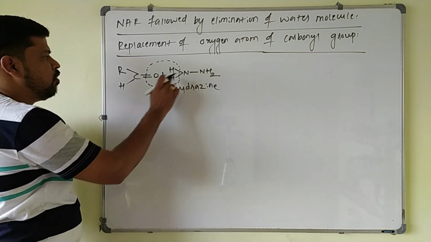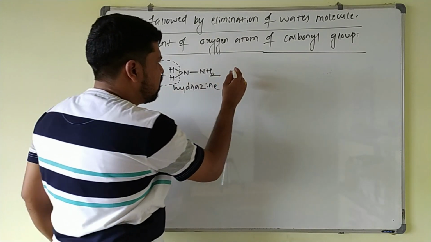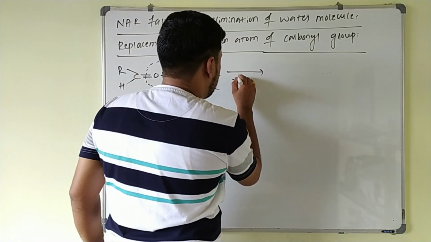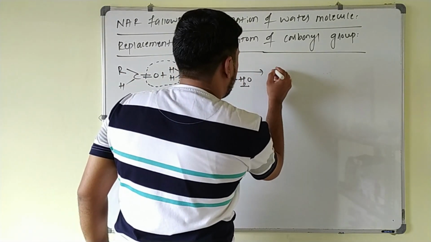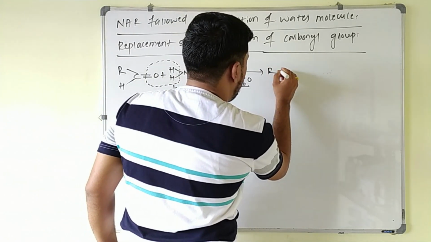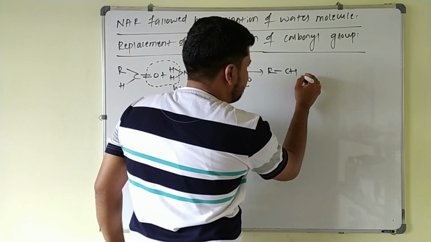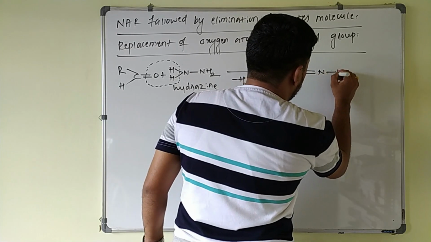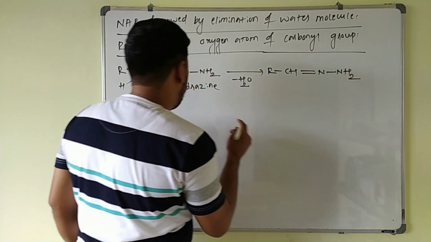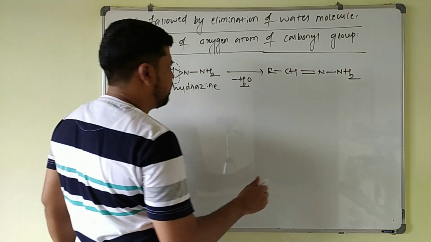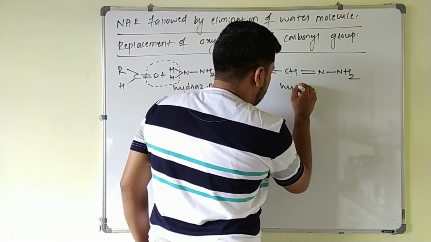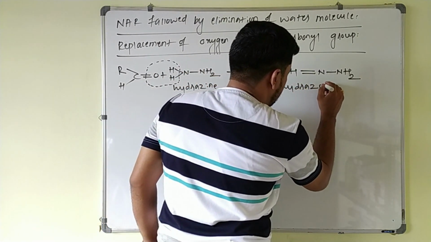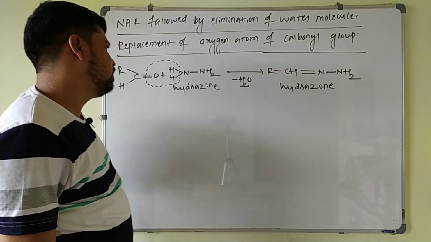So there is formation of what? Again a carbon nitrogen double bond with elimination of water molecule. What will you get here? RCH double bond NNH2. Hydrazine reacts with aldehyde and ketone. It forms hydrazone. The product is called hydrazone.